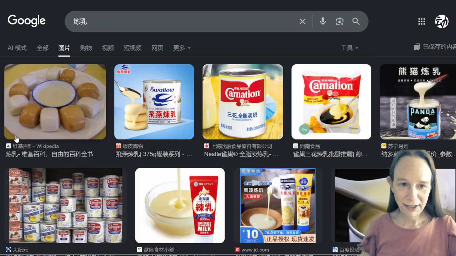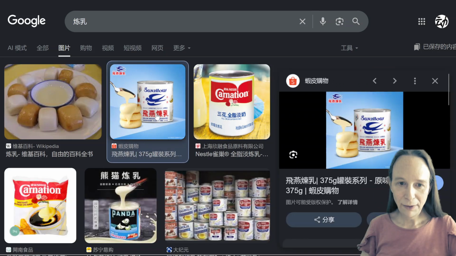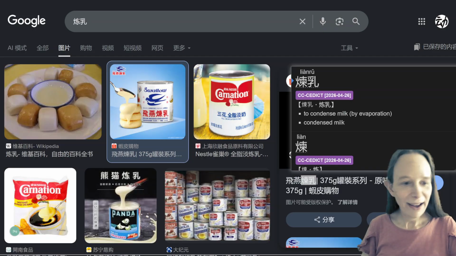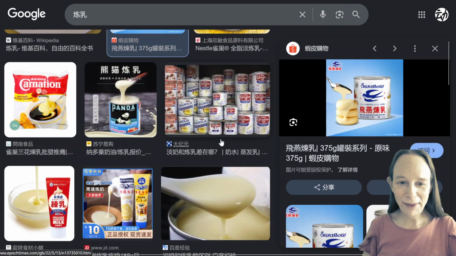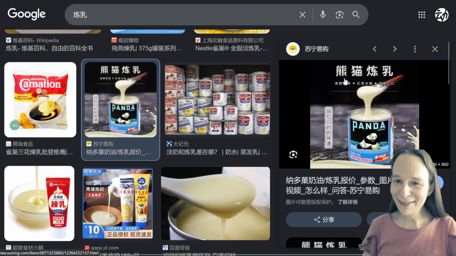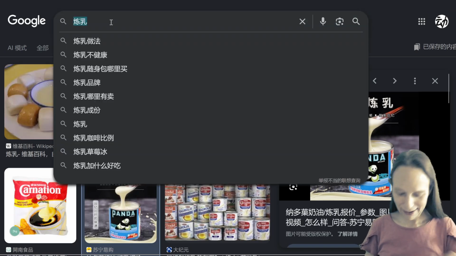Refining milk. Wow, it's there. 炼乳. Refined milk. Oh, is this condensed milk? All right. I never thought about this. 熊猫炼乳, panda condensed milk. All right.